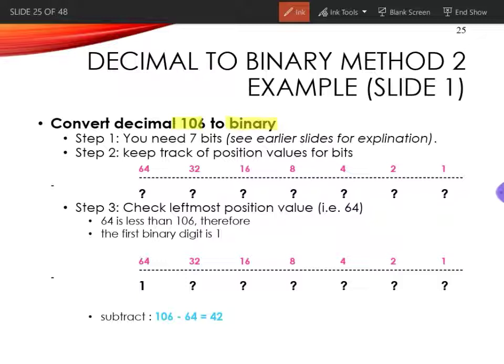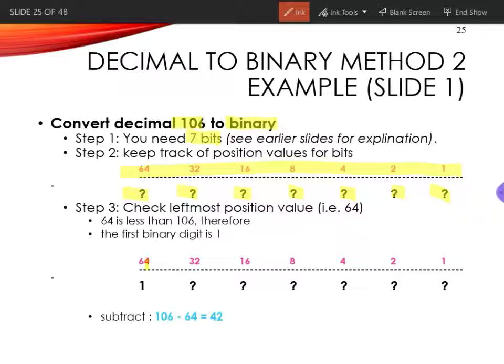So we need 7 bits because 6 is not enough. Then we create our table where these would be our binary digits, and we put these values for convenience, which are basically the powers of 2.